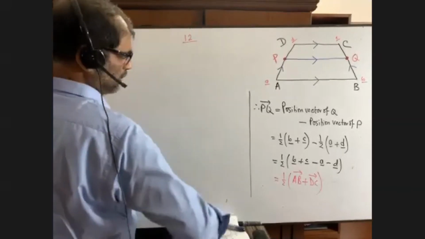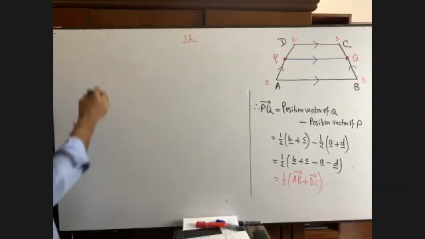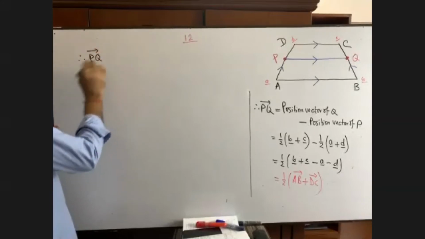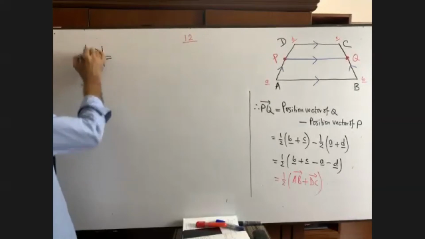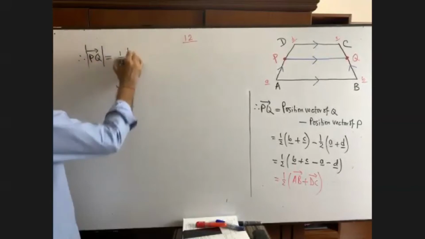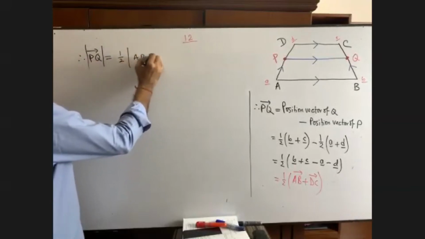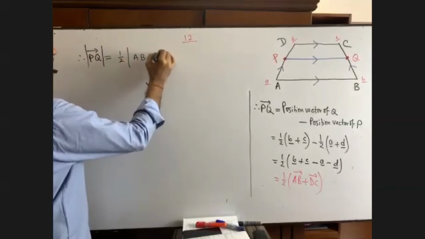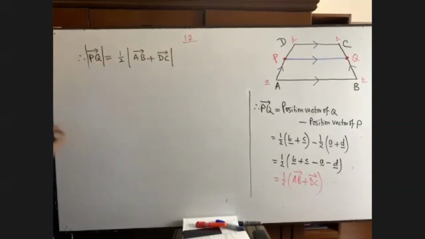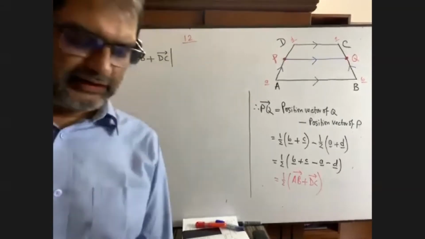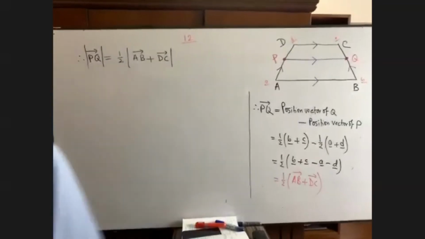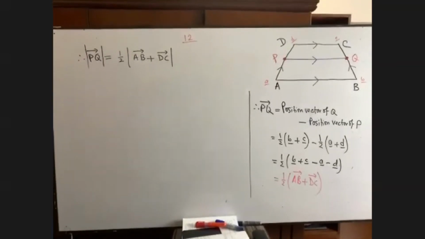After that, what should we do? Always the same pattern. Write down therefore PQ is equal to half of AB plus DC, with the absolute value sign. Always it is to be given. That is the length now. Now from vector I am going to geometry, so they cannot be negative.